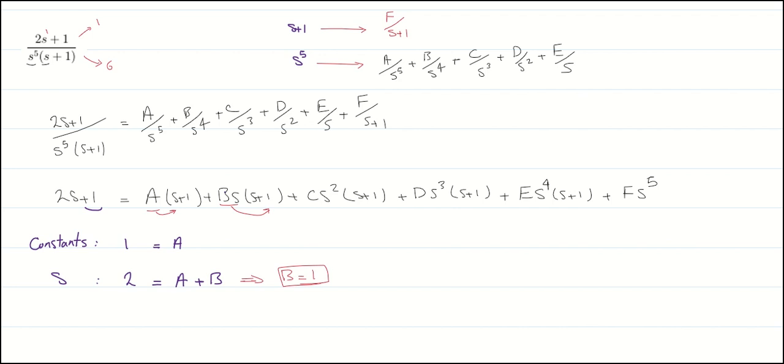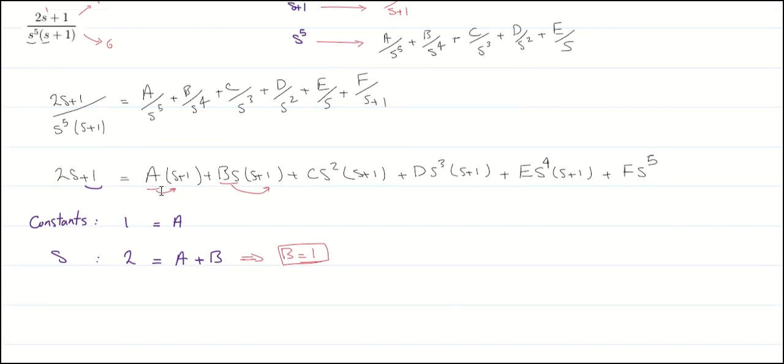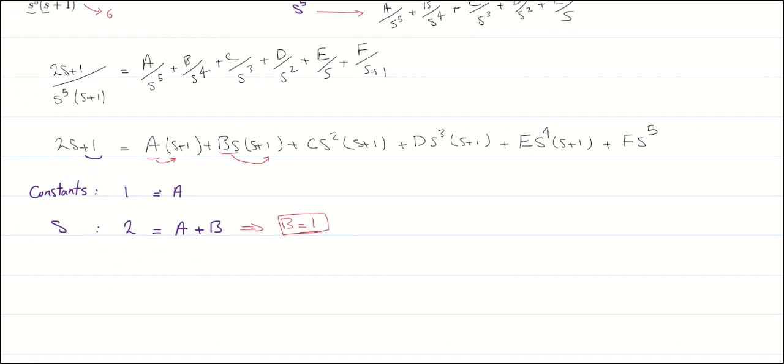Now let's move to the s to the power of 2 term in here. Based off the s squared terms we have, on the left-hand side, as you see, we don't have any s squared terms, so it would be equal to 0. But on the right-hand side, we have two s squared terms, which is b plus c. For the s squared terms in here, if you just multiply the bs term in here by the s term in here, it would be equal to bs squared.